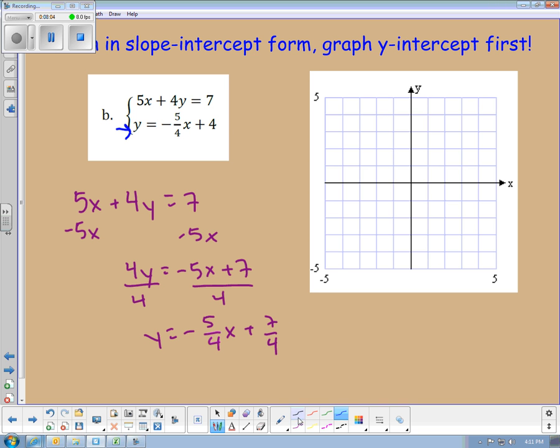Okay, so if we put the purple line on the coordinate plane, 7/4, goodness. 7/4 is almost 2, but not quite 2, so it's probably going to be just a little bit under. And then I want to go down 5 units and over 4 units. So I'm going to go down 1, 2, 3, 4, 5, over 1, 2, 3, 4.